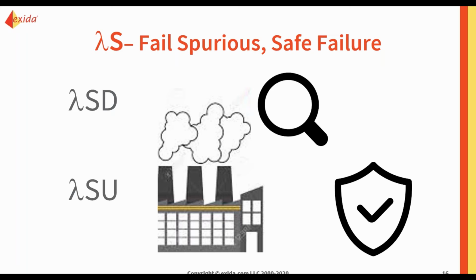They are those big scary ones that everybody talks about. They're in the equations. They're the ones that get all the spotlight and all the attention. But don't forget that the safe failures are important too. So even if it's tempting to only consider the dangerous, take a moment and think about your safe failure rates, your possible spurious trip rate.